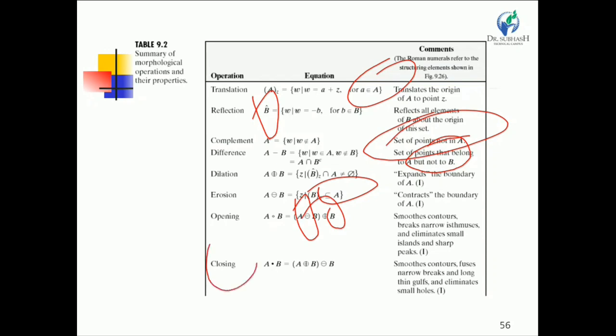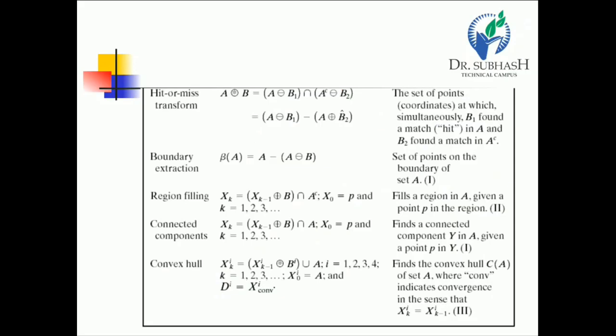Now closing can be represented as A closing B, which is A dilation with B and the resultant term with erosion of B. Now hit or miss transformation, the function of A HMT with B. So this is the function of hit-or-miss transformation.